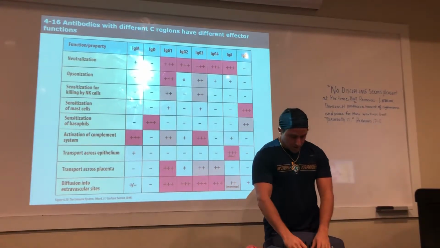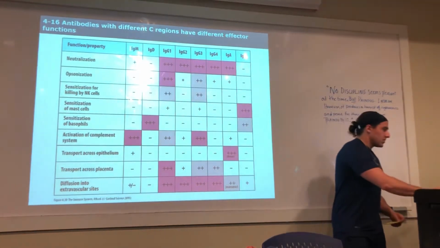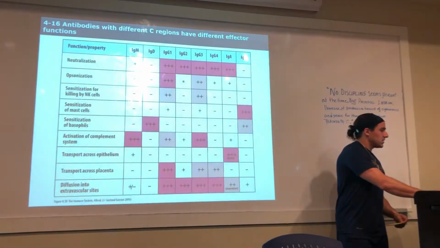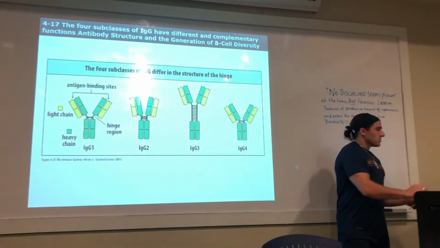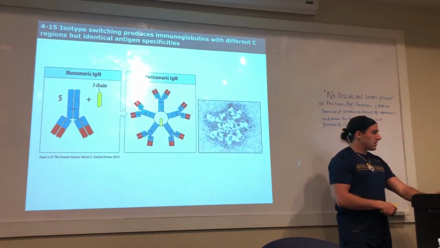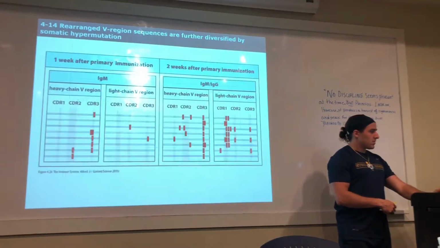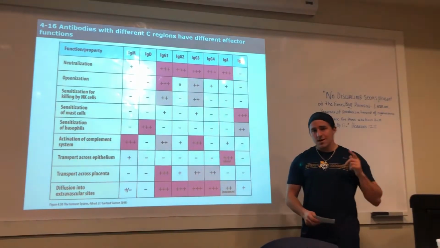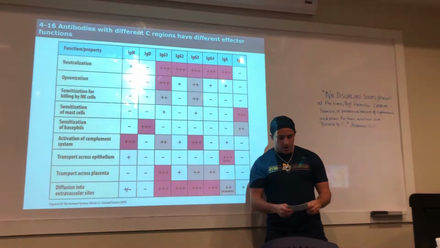So as we go just a step further in here, you will see that with IgG specifically, it has IgG1, IgG2, IgG3, IgG4.